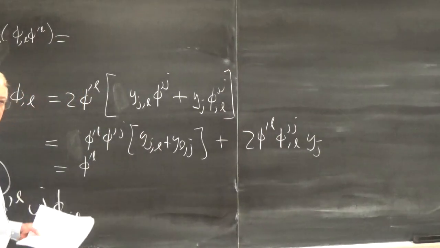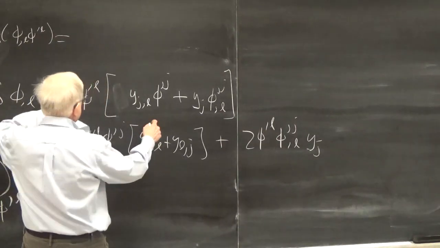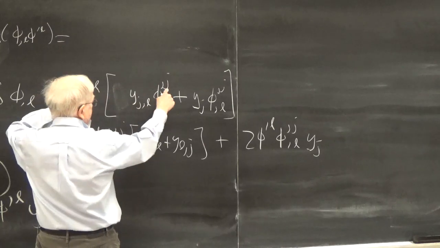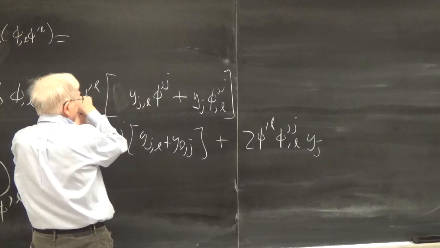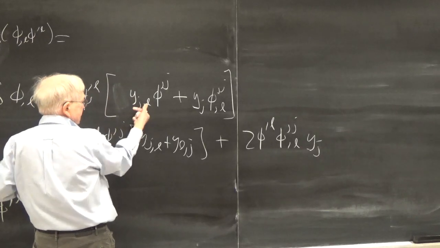Phi comma L, phi comma J, that's symmetric in LJ, so we can borrow one of these and switch it.